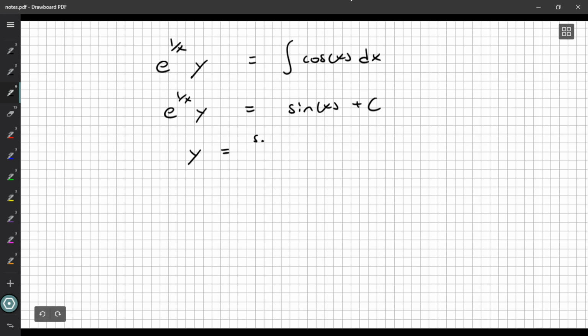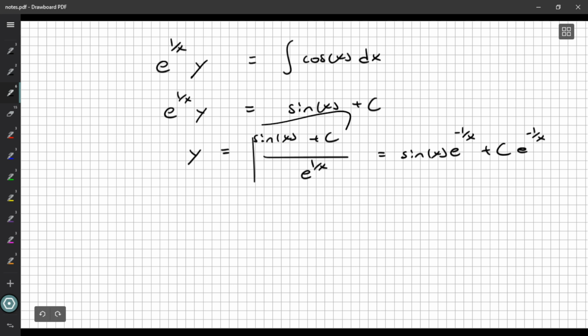Now, if we divide both sides by e to the 1 over x, we've got y, and that's our general solution, which we might choose to write a little differently. Okay.